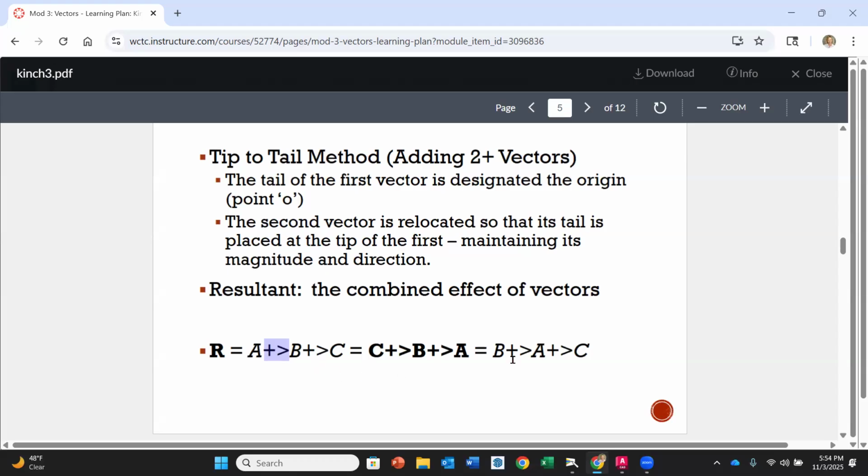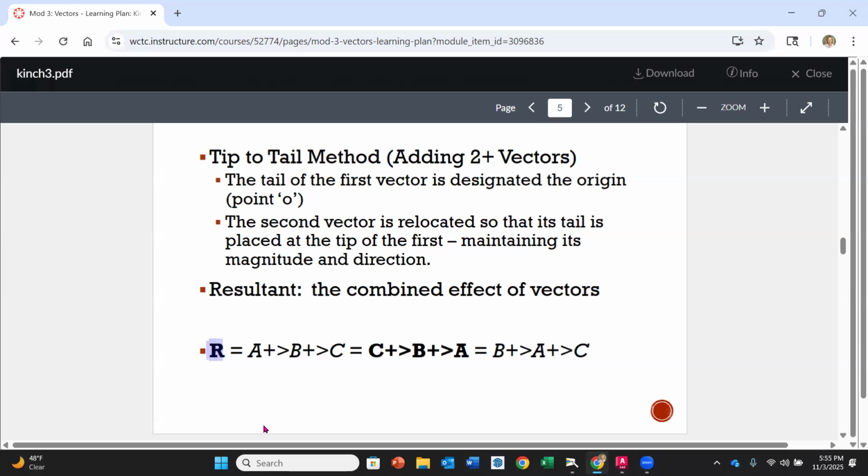The other point of this line right here is not only showing how we would symbolize a vector addition, but if we look at the quantities here, assuming that A in each one of these is the same vector, and B and C are the same vectors as well, we can add them in any order and we are still going to get the very same resultant.